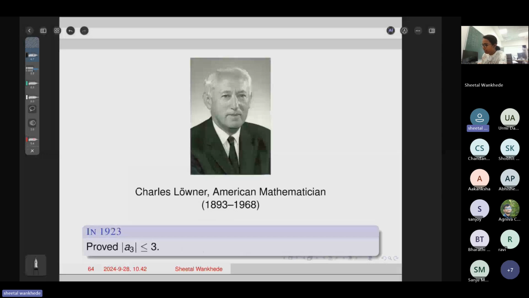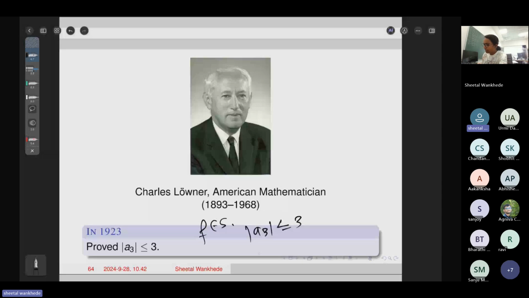Then in 1923, Charles Loewner, an American mathematician, proved that when f belongs to S, the bound holds for the third Taylor coefficient. And while they were trying to prove these bounds, they generated so many good theories which are useful in other mathematics also, and in univalent function theory.